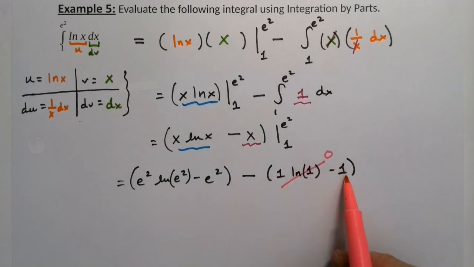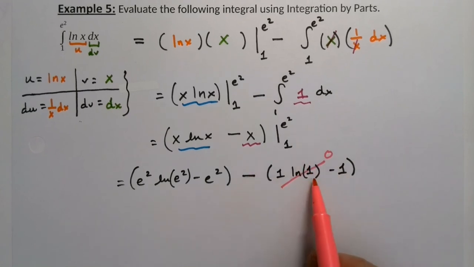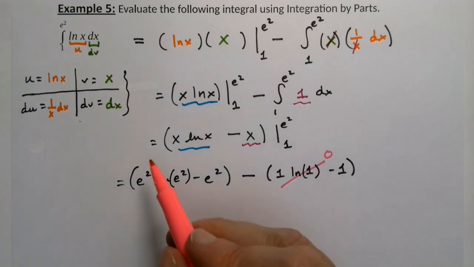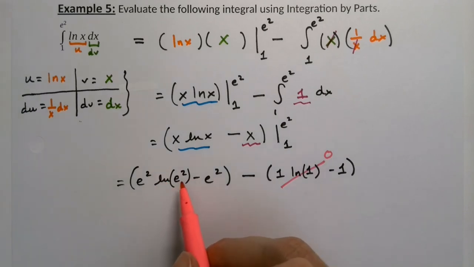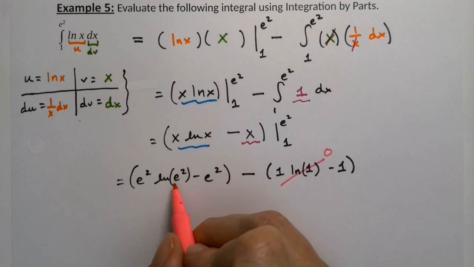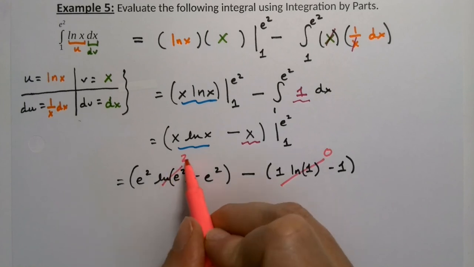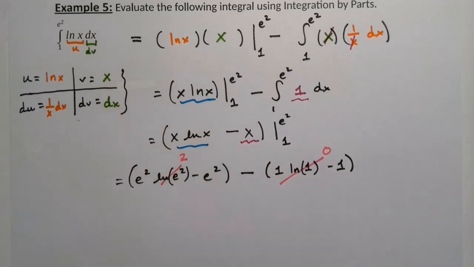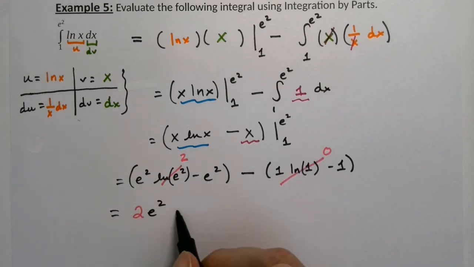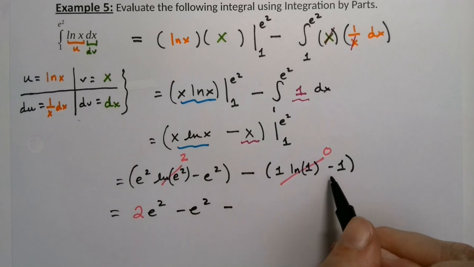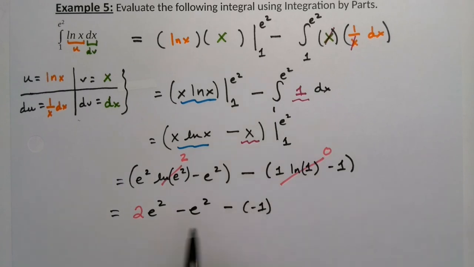So it's 0, take away 1. So negative minus 1 is plus 1. And then up here, the natural log of e squared, well, natural log and e are inverse functions of each other. So this is just 2. So that means that I have 2 times e squared minus an e squared minus a negative 1. So that would be, these two are like terms, e squared plus 1.